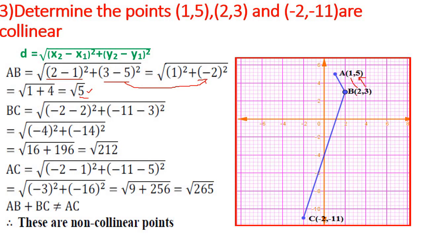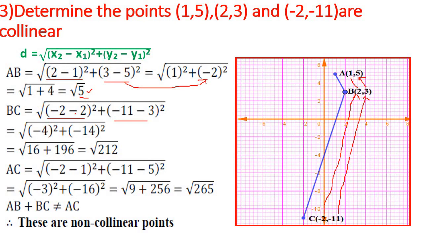Now let us find out the length of BC. So what is the length of BC? (x2 minus x1) whole square, which is (-2 minus 2) whole square, plus (y2 minus y1) whole square, (-11 minus 3) whole square.